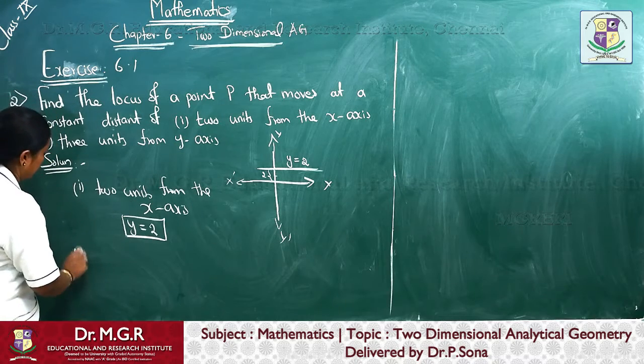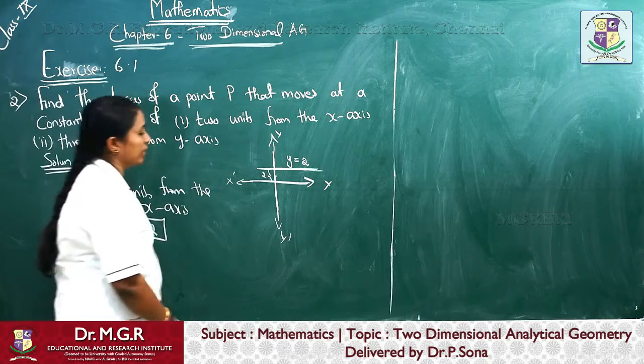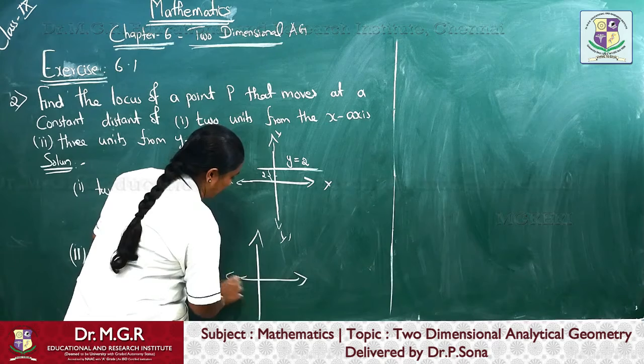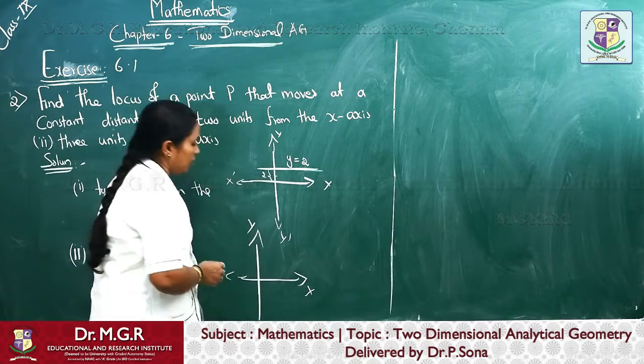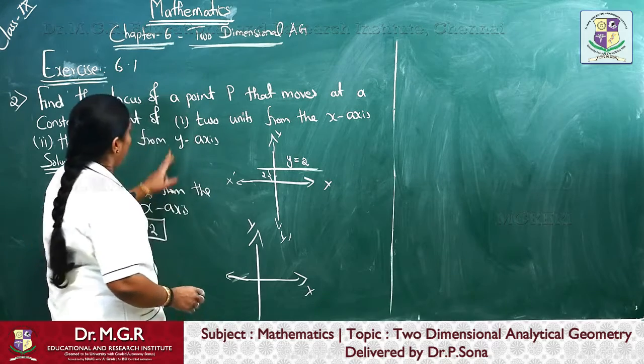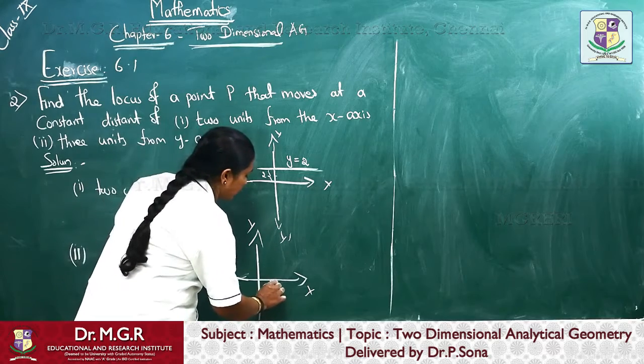Come to the second subdivision, 3 units from the y-axis. Similarly we can draw another graph, or in the same one we can try. So this is the x-axis, y-axis, you see 3 units from the y-axis. So you can take 1, 2, 3.